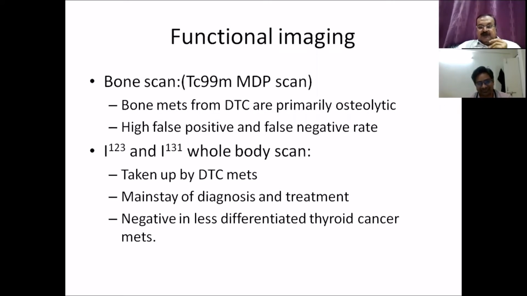Before the treatment with radioiodine, the patient will undergo a radioiodine scan to see how many metastases are present. Are there other metastatic sites as well or not? But there is no point in doing it before the surgery because it is not going to alter your surgical plan. It will alter your RAI plan, and it is not going to alter your surgical plan, because the total thyroidectomy has to be done, because the mainstay of treatment is RAI.